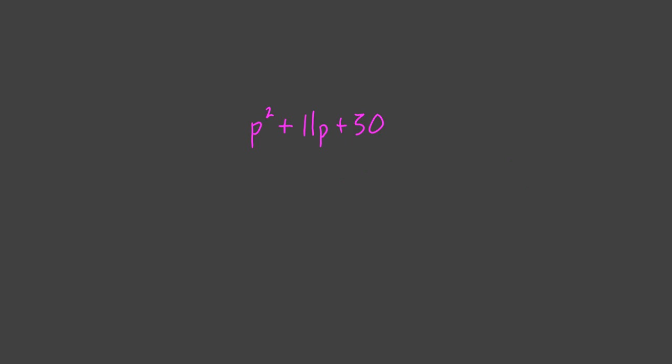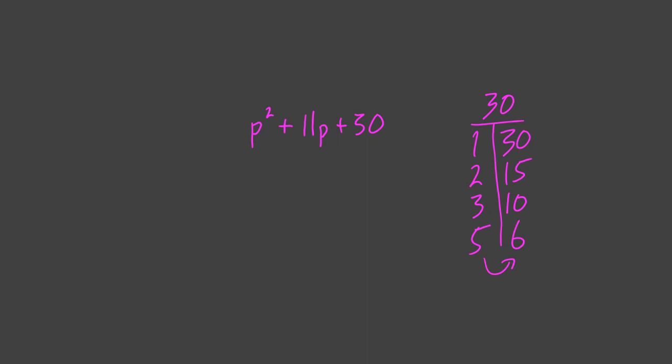P squared plus 11p plus 30. So we're looking for factors of 30. We got 1 and 30. Always start with 1. We have 2 and 15, 3 and 10, 5 and 6.